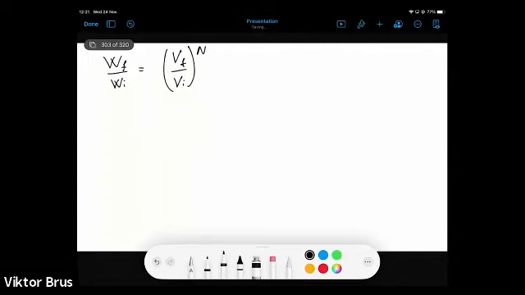So now let us multiply these left and right sides by Boltzmann constant. So k here and k here.